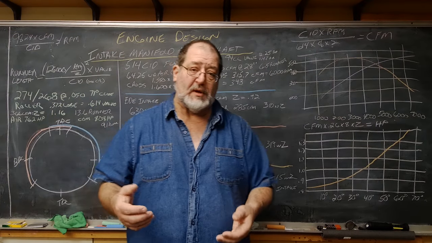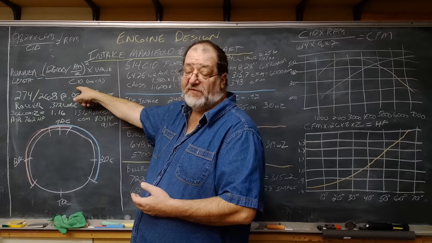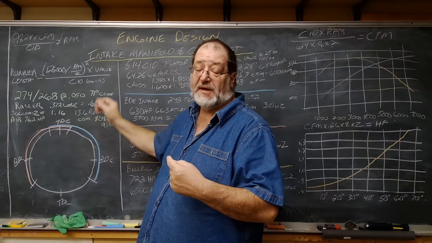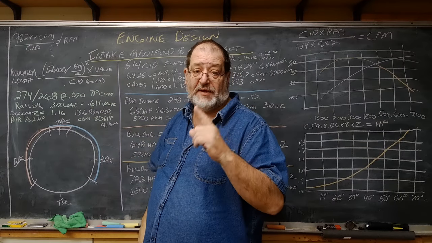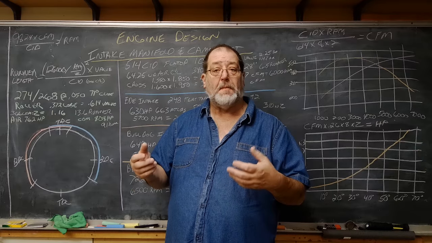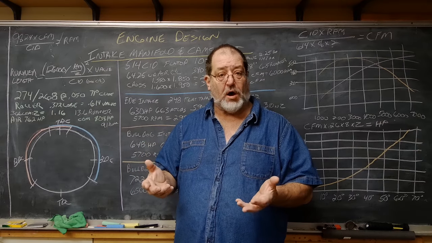So we have the constant, RPM divided by Z times the valve divided by the CID of one cylinder, because our inertial ram is really only talking about a single cylinder at a time. And if I take my new cam, it says I need a runner length of like 13.6 inches long. So that's not undoable, but that is long.